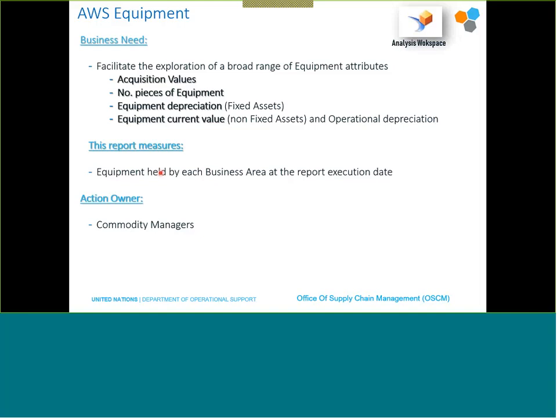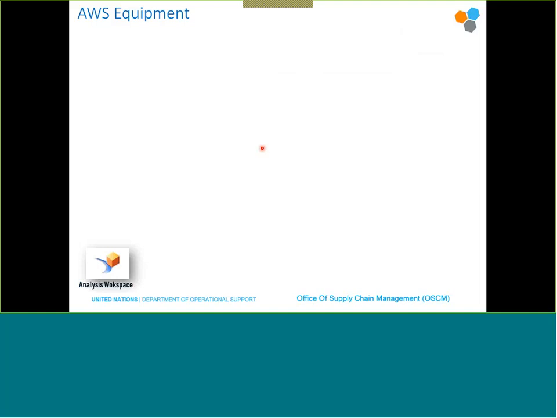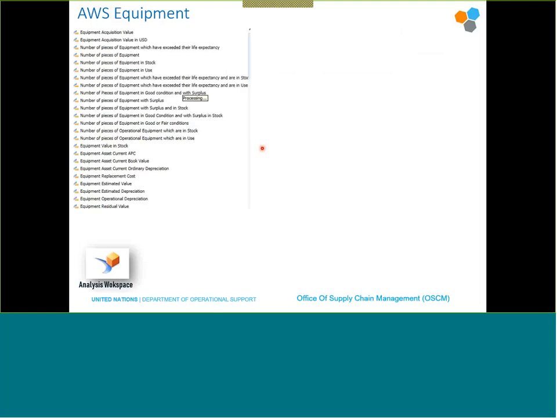But this is the report you want to use if you want to see the reality by fund centers, by authorization group, or if you want to see who is responsible for a particular piece of equipment or a set of equipments in terms of user responsible, and the status as well. So without further ado, let's go to the screenshot that I wanted to show you.